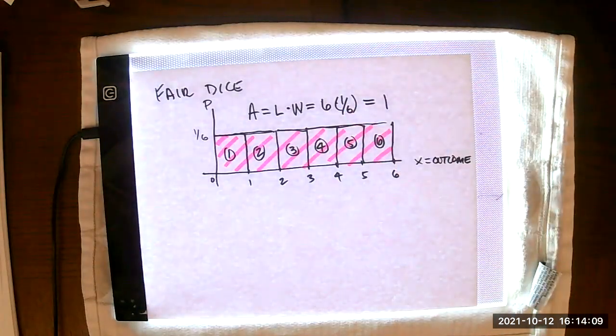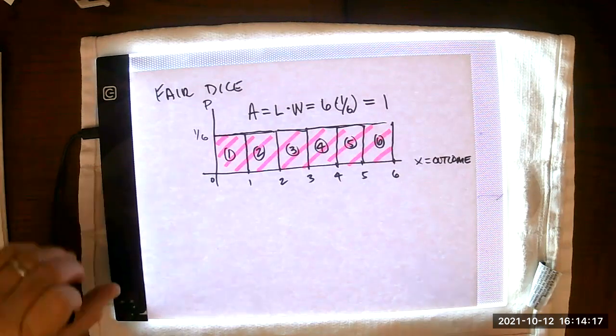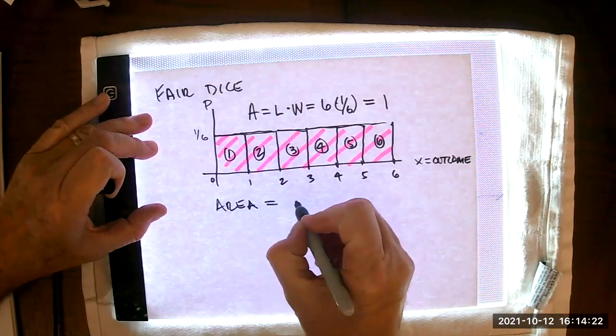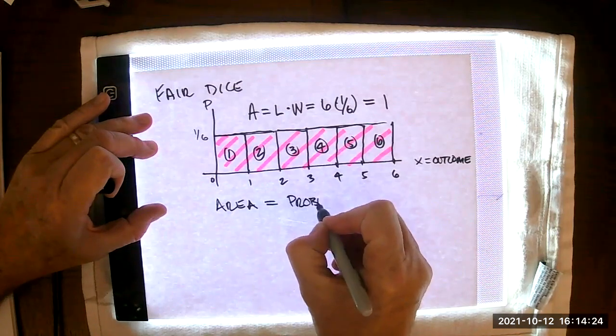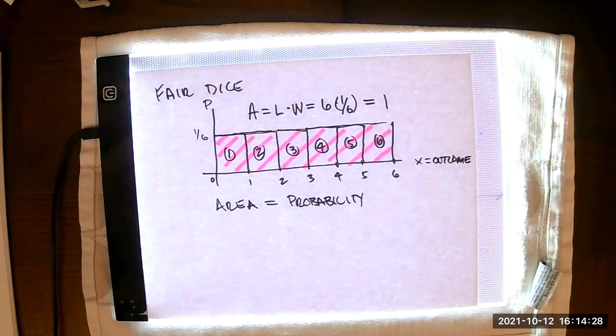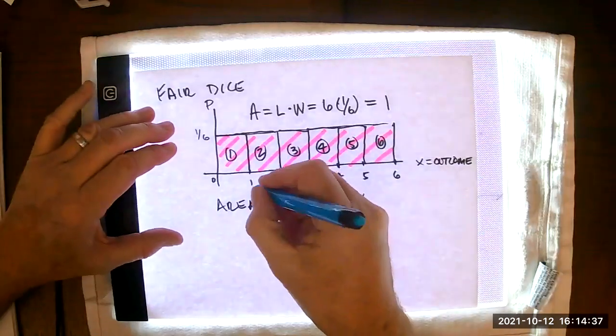And I'll remind you, every probability distribution has to sum to 1. So what we're trying to make clear here is that the area in this particular picture is equal to probability. So area and probability are going to become the same for us in this course.